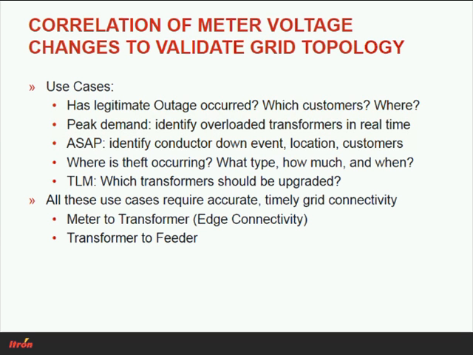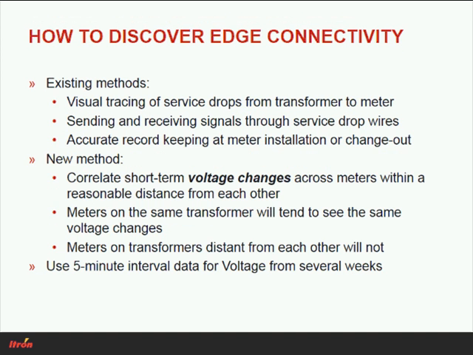So it's difficult to do decent TLM or otherwise know how to manage equipment if you're not sure exactly what load is on what transformer. An existing method to get to meter-to-transformer connectivity is visually tracing lines to transformers if they're overhead, or sometimes you can send and receive signals through specific service drops.